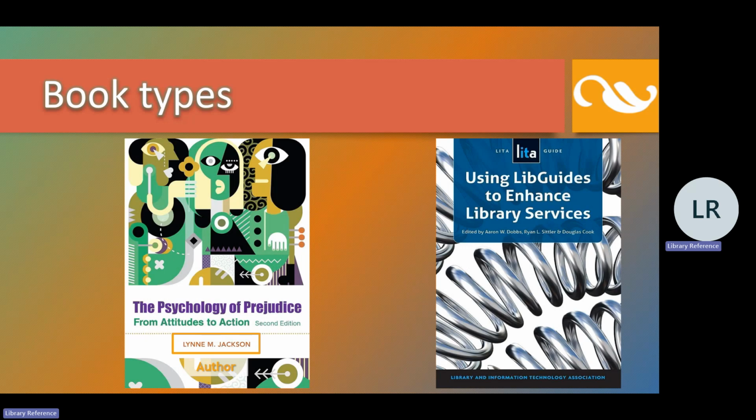And then we have the second example, Using LibGuides to Enhance Library Services, which has a set of editors. It says that it is edited by Aaron W. Dobbs, Ryan L. Sittler, and Douglas Cook, which means that the first is what we call an authored book.